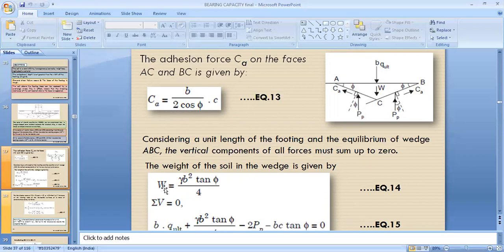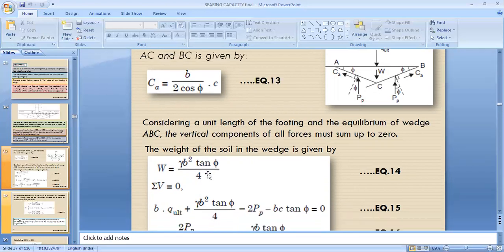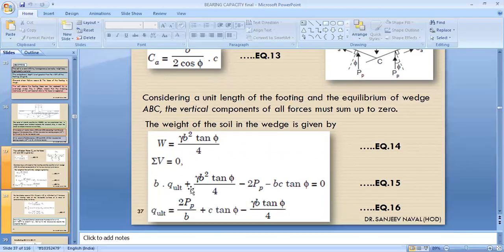Having CA and W calculated, for equilibrium the summation of all the vertical forces has to be 0. So we are left with B into q ultimate plus gamma B square tan phi upon 4 minus 2 Pp minus BC tan phi is equal to 0.